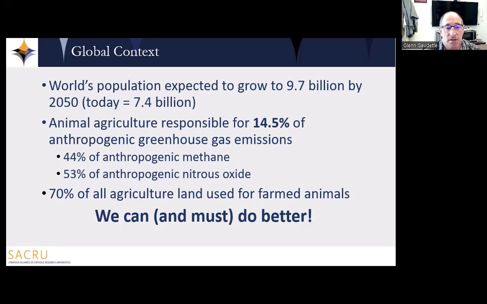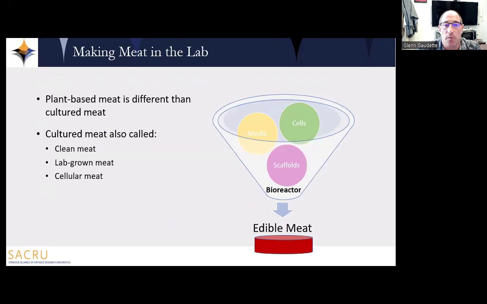In addition, about 70% of all agricultural land is used for farm animals. So if we're talking about increasing the conventional meat industry to produce more meat, we're talking about more land and more water. Where is it all going to come from? So we can, and I believe we must, do better collectively together. So how can we do that? Well, that's where I think lab-grown meat comes in.